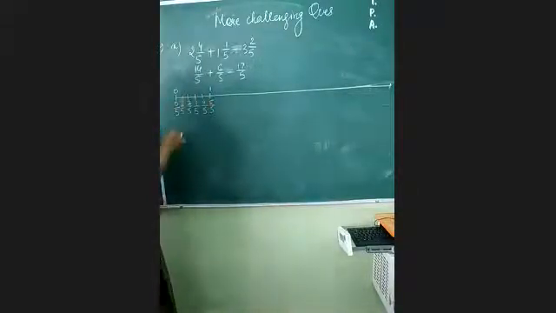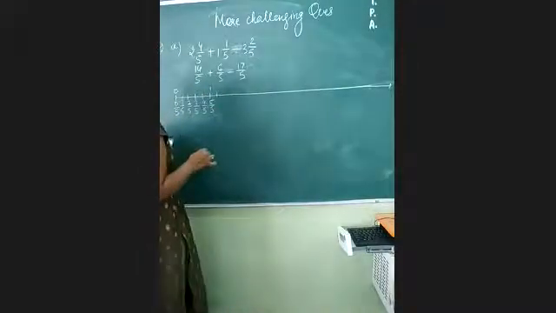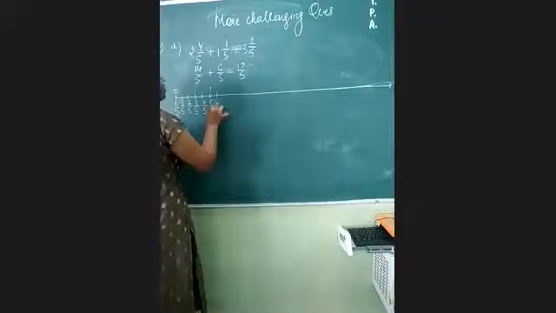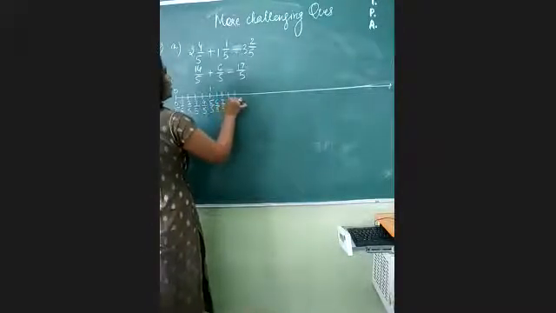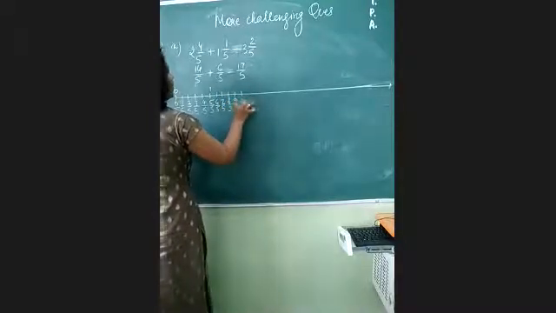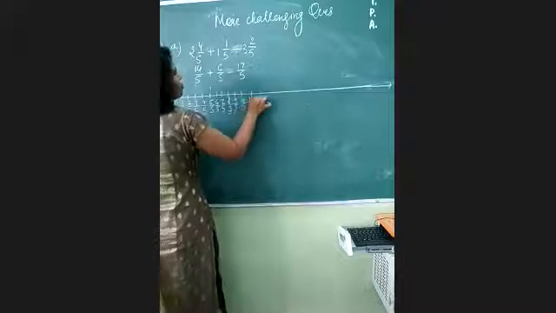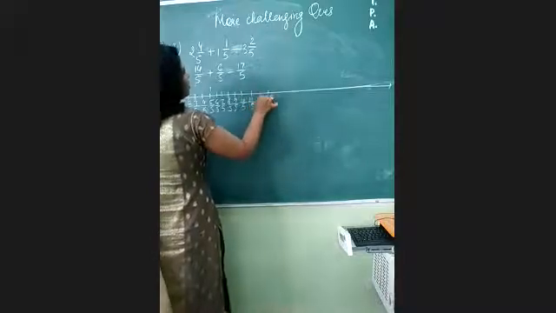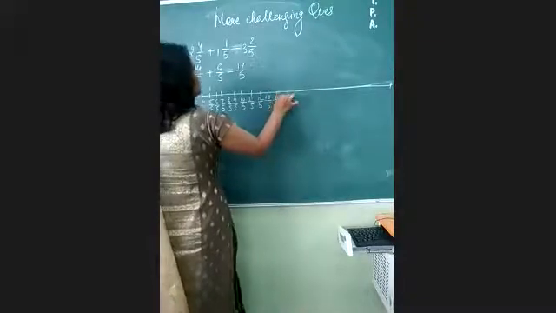Ma'am, till how much? Take it till 24 by 5. 6 by 5, 7 by 5, 8 by 5, 9 by 5, 10 by 5, 11 by 5, 12 by 5, 13 by 5, 14 by 5, 15 by 5.